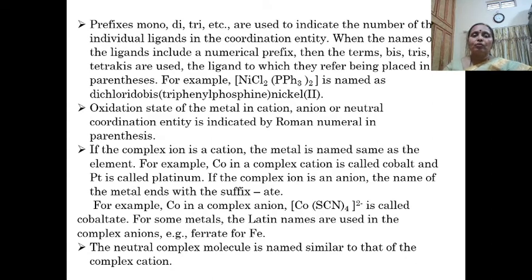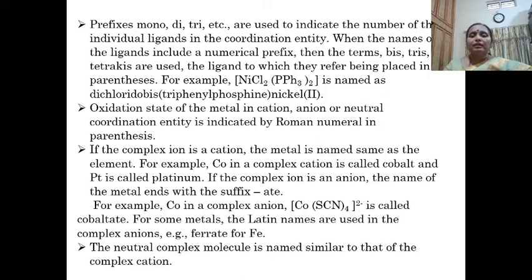Prefixes mono, di, tri, etc. are used to indicate the number of individual ligands in the coordination entity. When the names of the ligands include numerical prefixes, then the terms bis, tris, tetrakis are used, the ligand to which they refer being placed in parentheses.